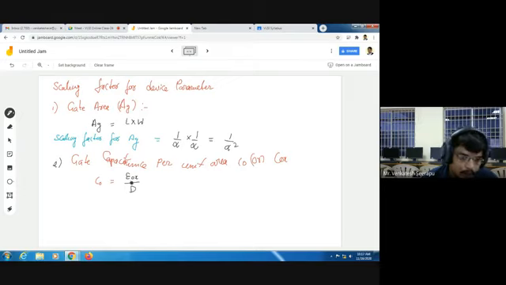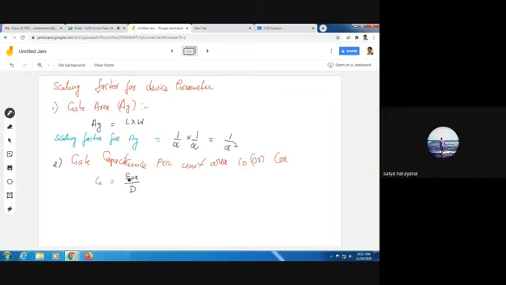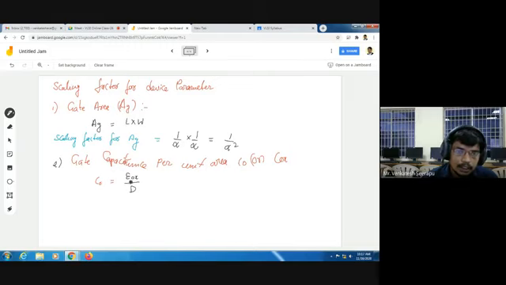What is epsilon? Permittivity. Yes, it is permittivity and it is a constant value. There is no scaling factor for a constant value. Now I want to calculate the scaling factor for C naught.